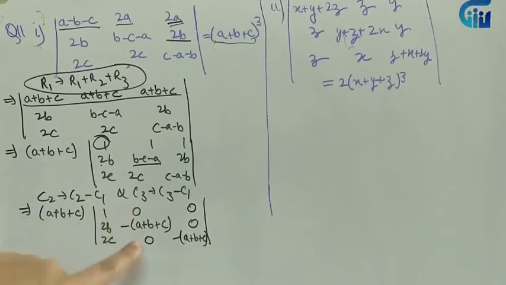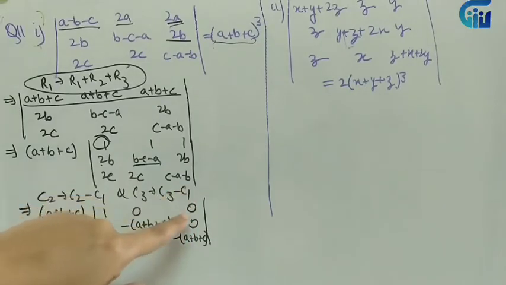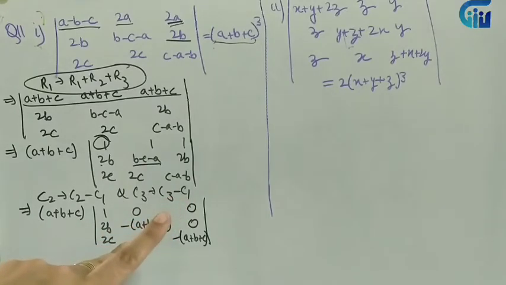We observe that from column 2 I can take a plus b plus c common because the other two elements are 0. The same thing applies to this. So I can take minus a plus b plus c common from here and similarly minus a plus b plus c common. If I take 2 minus a plus b plus c common, both the terms will be multiplied and 1 a plus b plus c is already present outside the determinant.